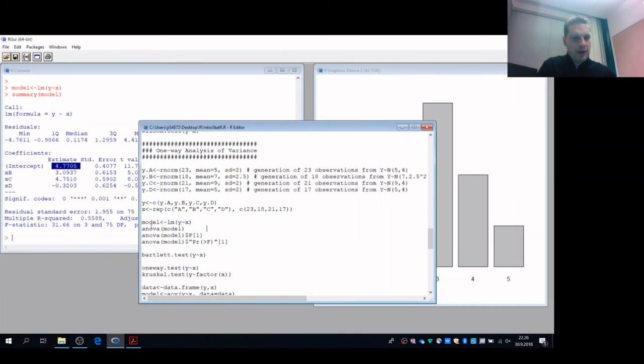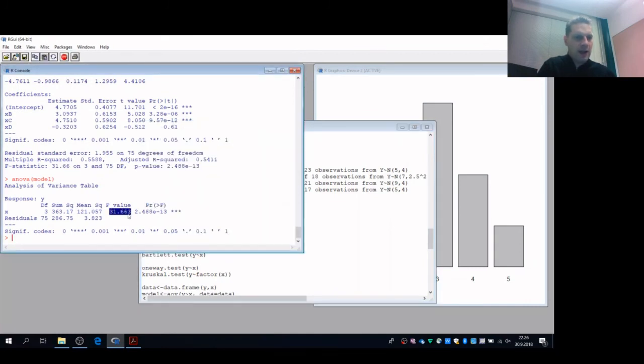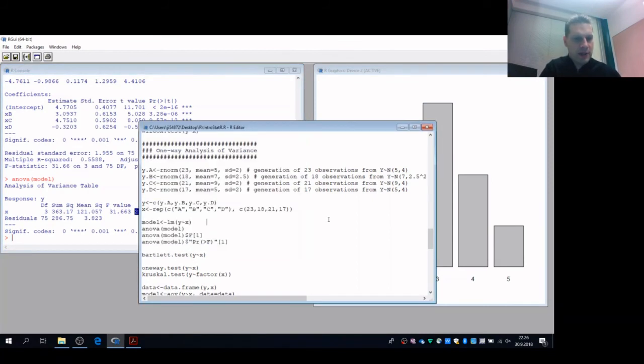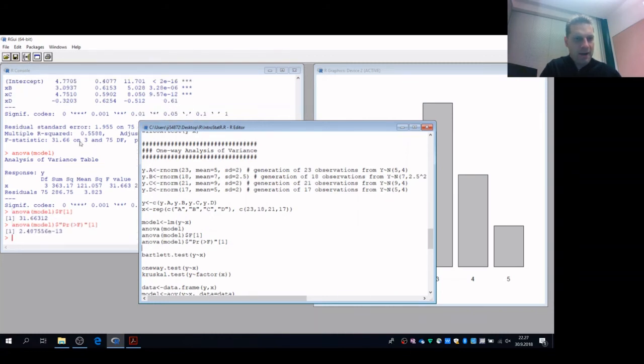Once we have done our model, then we can use this ANOVA function, which gives us basically the F statistic and p-value. So in this case, we also would reject the null hypothesis of population means being equal. And here we can get the F statistic, p-value.